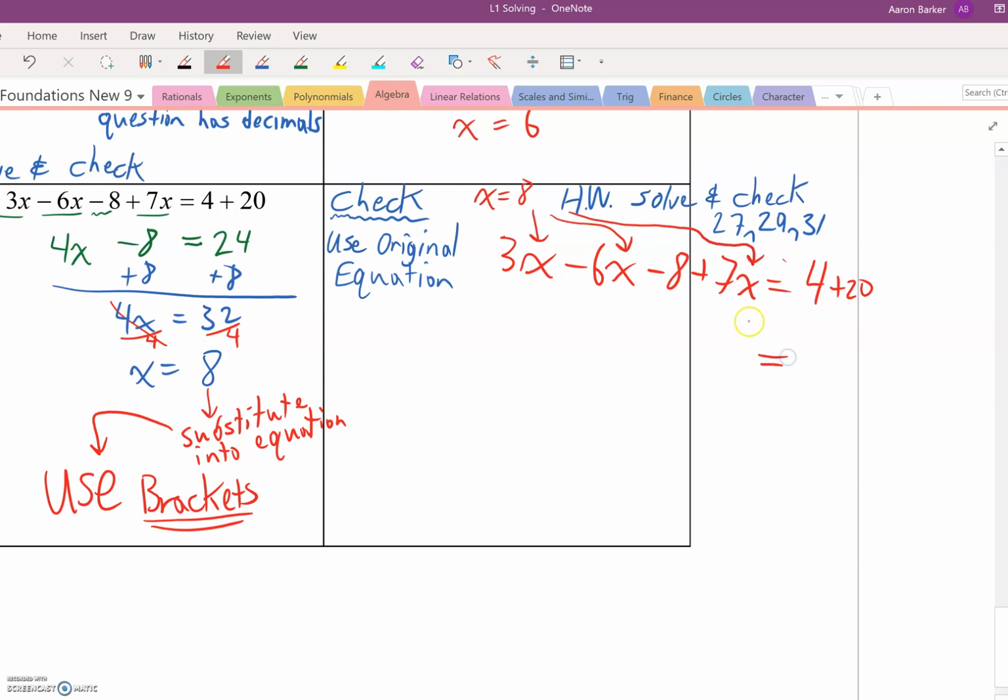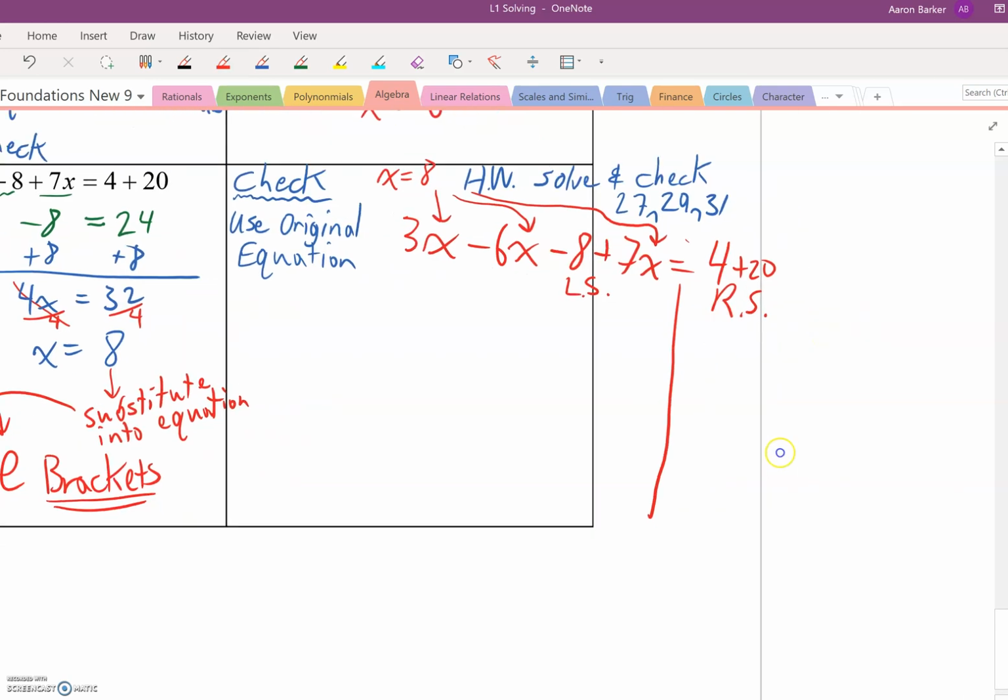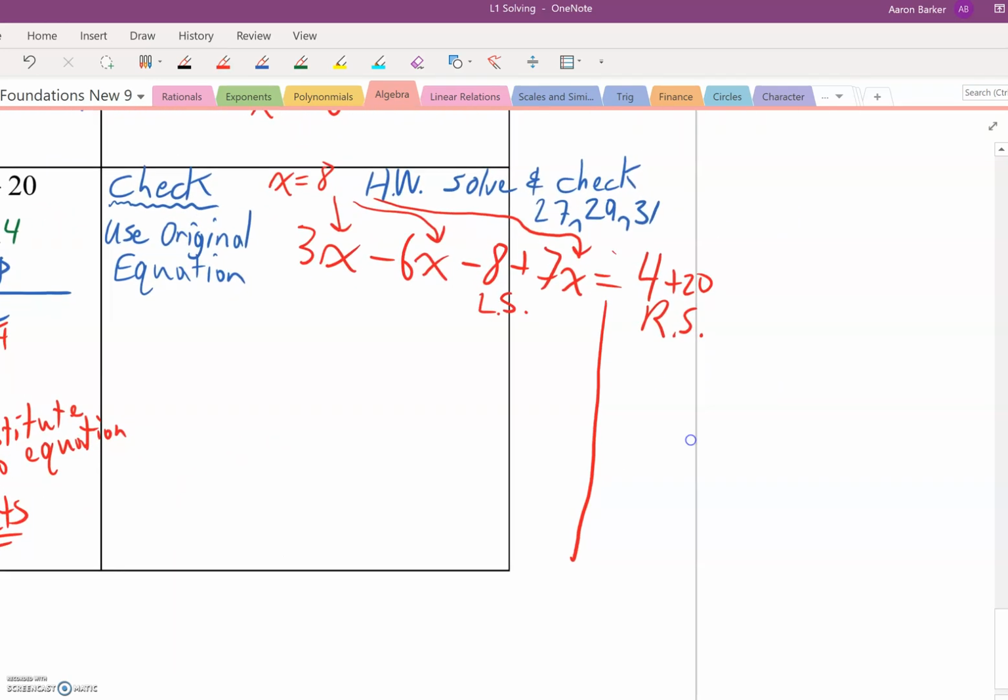Equal sign carries down, and I like to drop down the great wall of check. Okay, so I don't want to cross the equal sign. I'm going to have a left side and a right side, and the great wall of check in the middle, which means I don't cross it. So I get 3 times 8 minus 6 times 8 minus 8 plus 7 times 8. And over here I get 4 plus 20, which is 24.